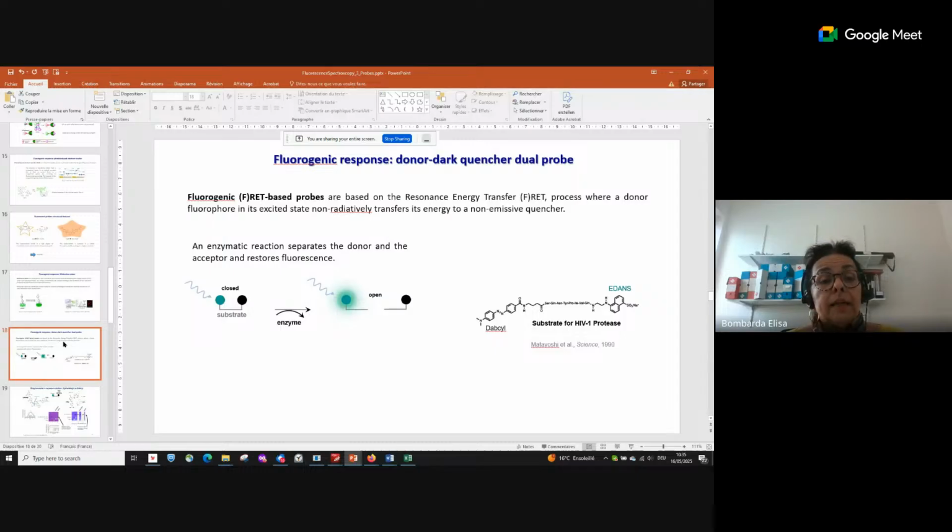As we said yesterday, the probe is composed of a fluorescent donor and a quencher acceptor. That means it is a molecule that does not fluoresce and whose absorption overlaps with the emission of the donor. That is what is required for transferring the energy by resonance.